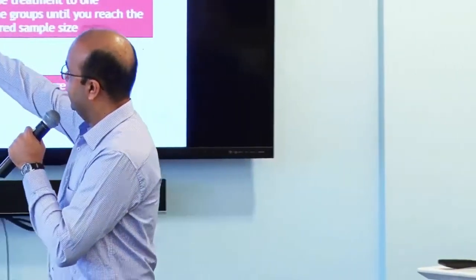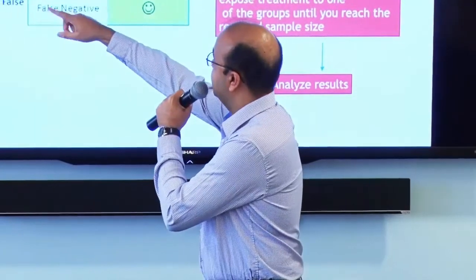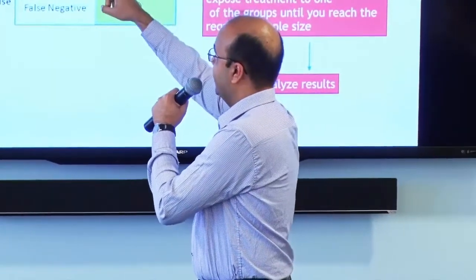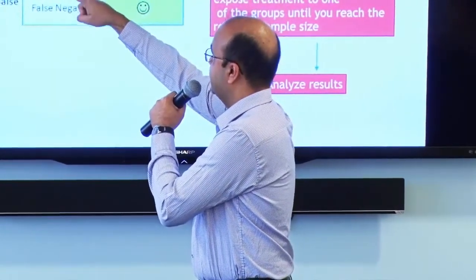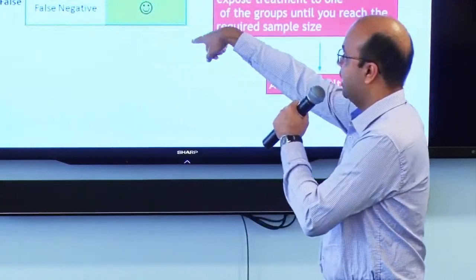Now, what is the type 1, type 2 error? Imagine there is this box, where this is the measured and that's the reality. We want to be in these diagonal boxes.